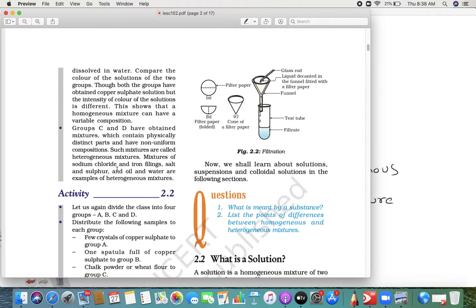The concentration, the intensity. Both are copper sulfate, but the intensity of color is different. Hence we can say a homogeneous mixture can also have variable composition, meaning concentration, right? For example, if you add 1 spoon of lemon juice into a glass, and if you add 2, it will become stronger in taste, right? Similarly here we are talking about color.